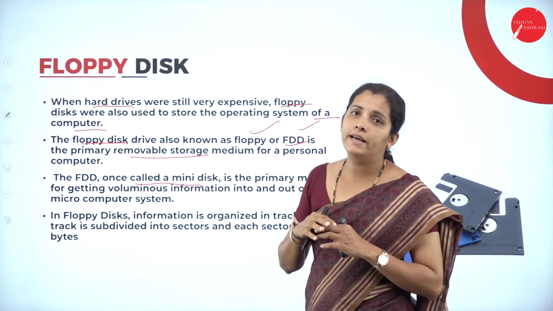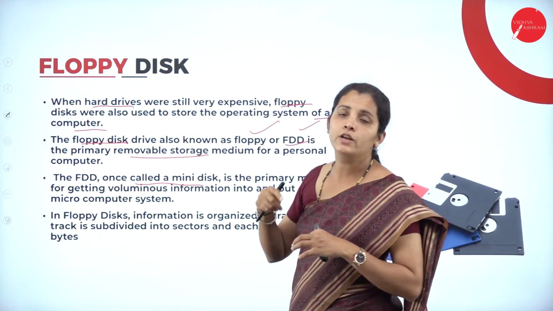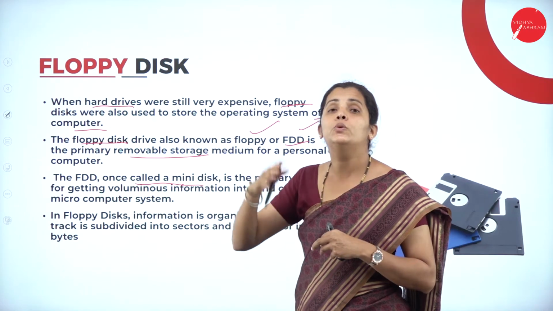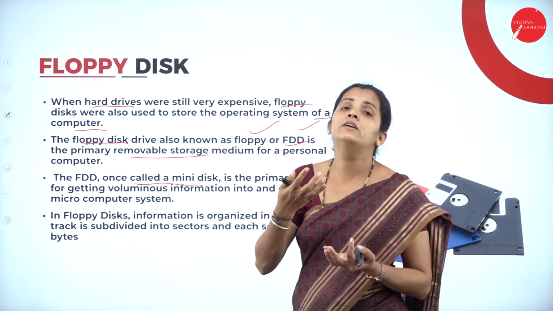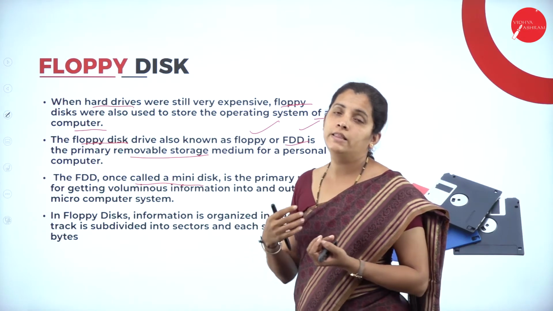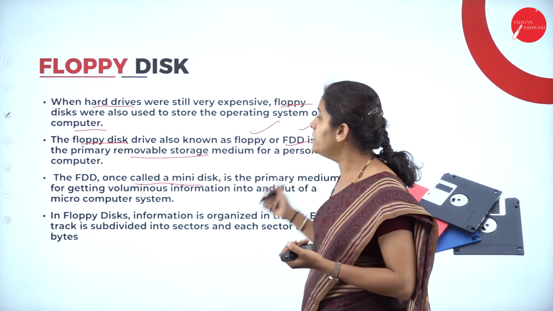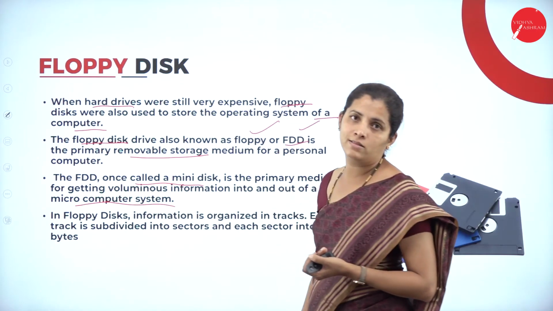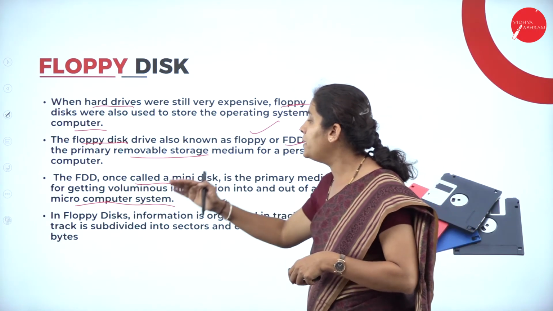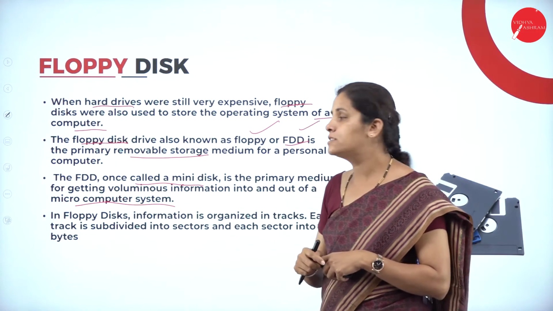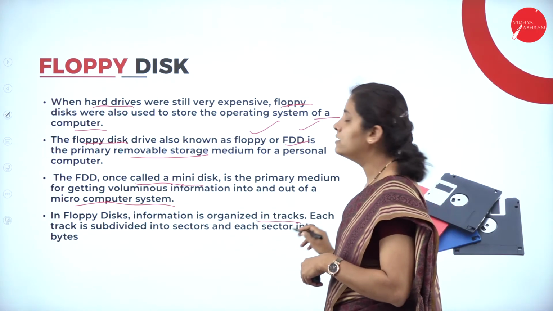In early days, floppy disks were used to store a huge amount of data and to retrieve the data stored in them in a microcomputer system. In a floppy disk, the information is organized in tracks.